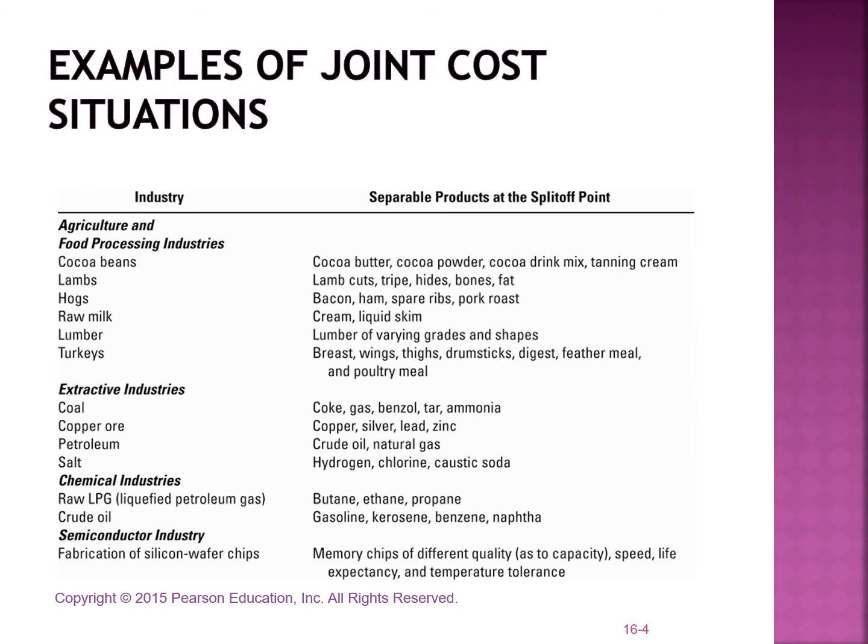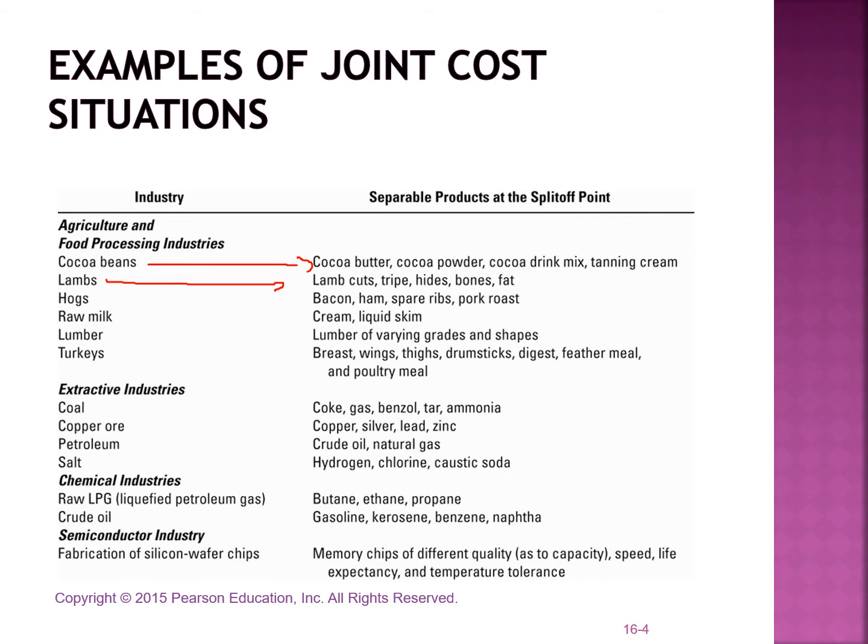Examples of joint cost situations: for example, agriculture and the food processing industry. Cocoa beans can result in separable products at the split-off point: cocoa butter, cocoa powder, cocoa drink, and so on. Lamb cuts, tripe, hides, bones, and so on.